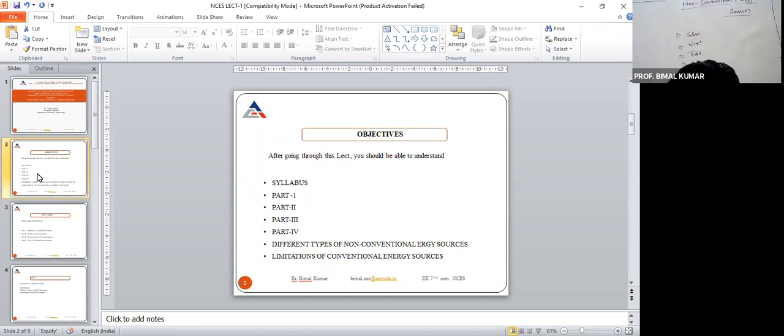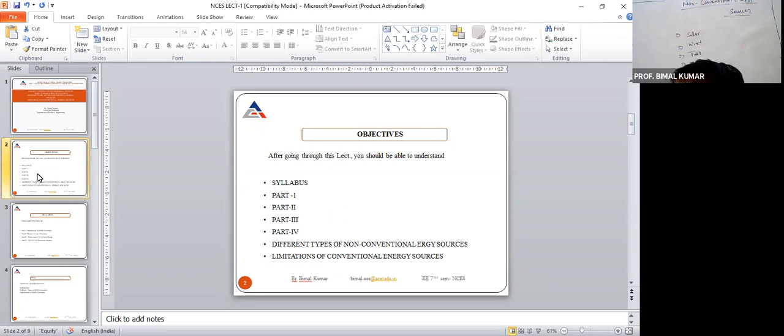What is the need of the future? First of all, you must be aware that the need of energy, I am talking about electrical energy, is going to increase day by day, because we are putting a lot of instruments and load on the electrical lines.